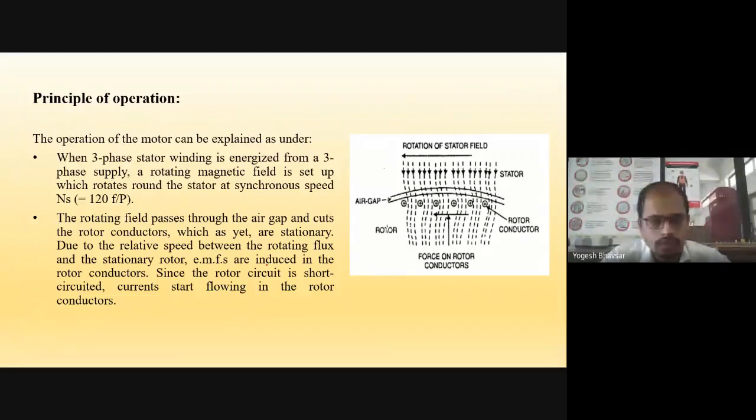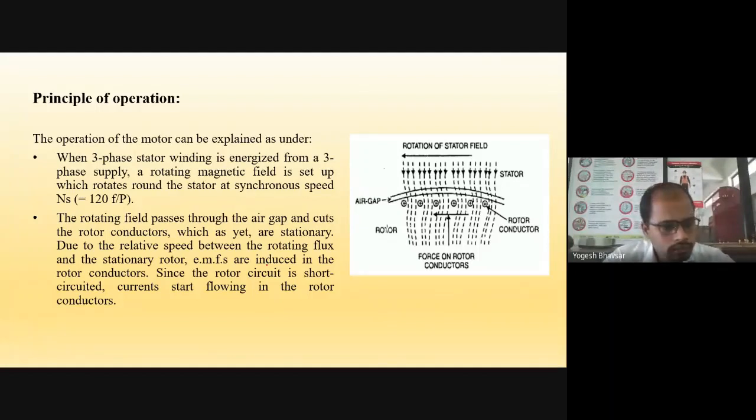In case of squirrel cage, there will be copper bars which are short circuited by end rings, and in wound type rotor there will be similar winding as that on the stator. Okay, so this is one representation of the principle of operation.